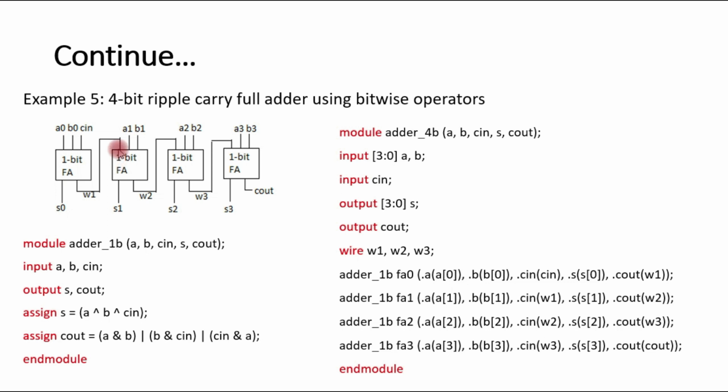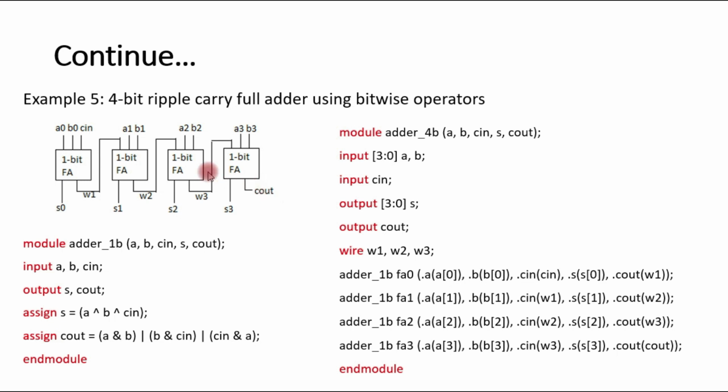It acts as a carry input for the next 1-bit full adder circuit, and the output of this 1-bit full adder circuit will be the second bit for the final sum, and the carry output for this full adder circuit will be the carry input for the next 1-bit full adder circuit, and the output here is the third bit for the final sum output, and the carry output will be the carry input for the last full adder circuit, and the final sum bit will be S3, and the output here is the final carry output.